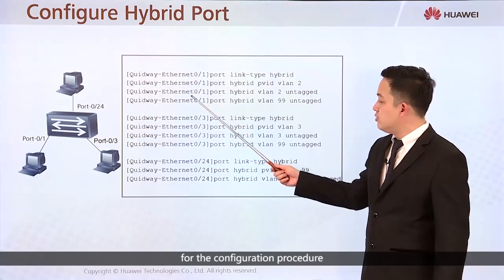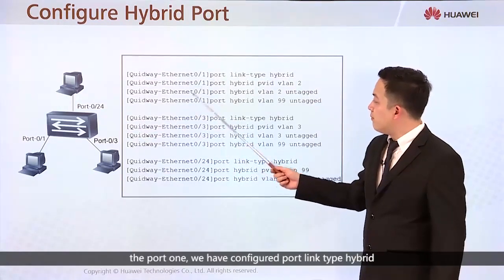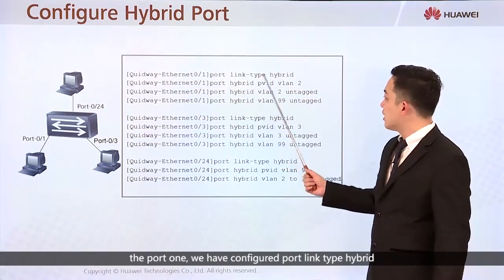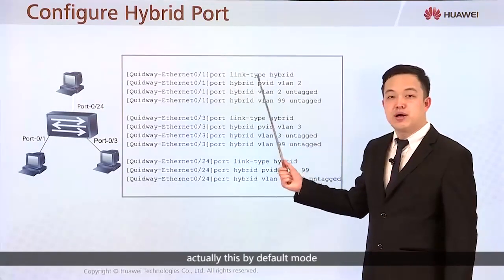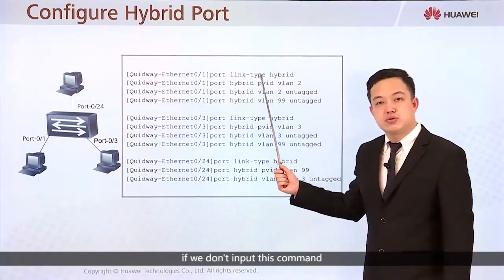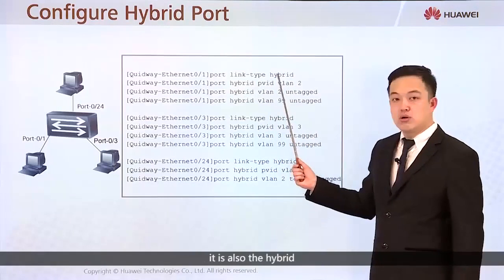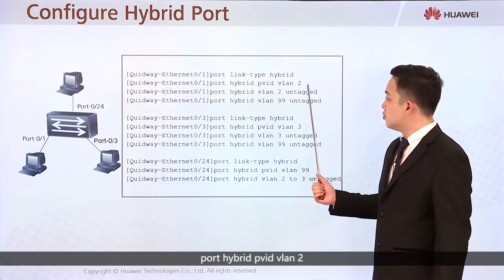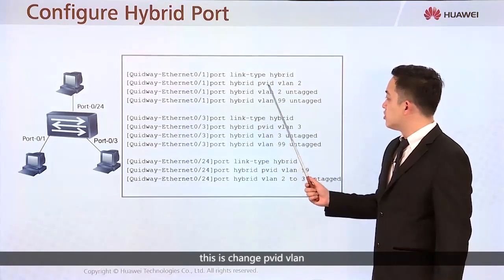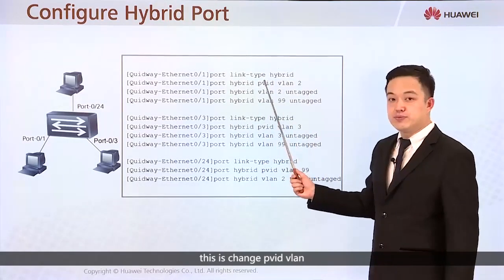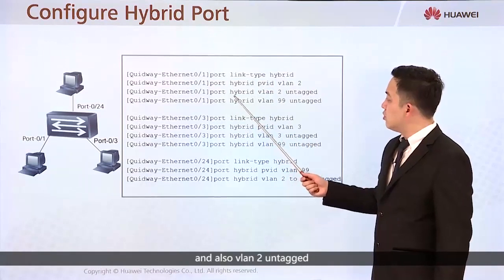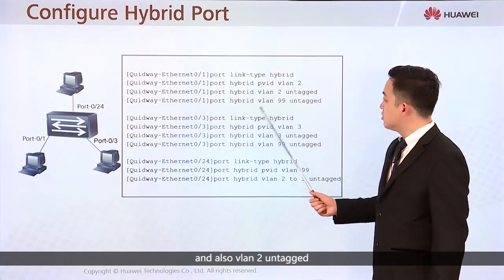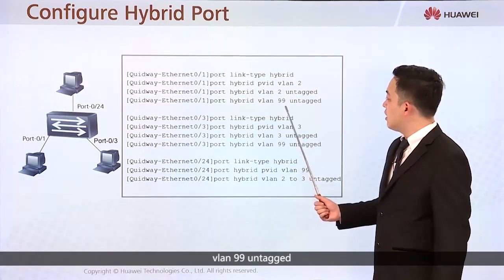For the configuration procedure on port 1, we configure port link type hybrid. Actually, this is the default mode. If we don't input this command, it's also hybrid. Port hybrid PVID VLAN 2 changes the PVID. And also VLAN 2 untagged, VLAN 99 untagged.